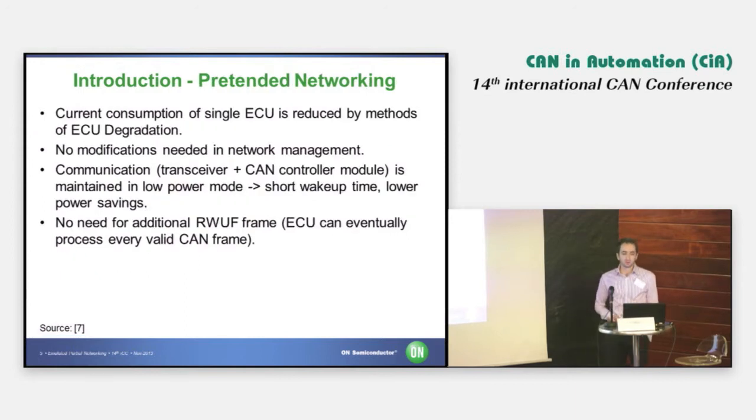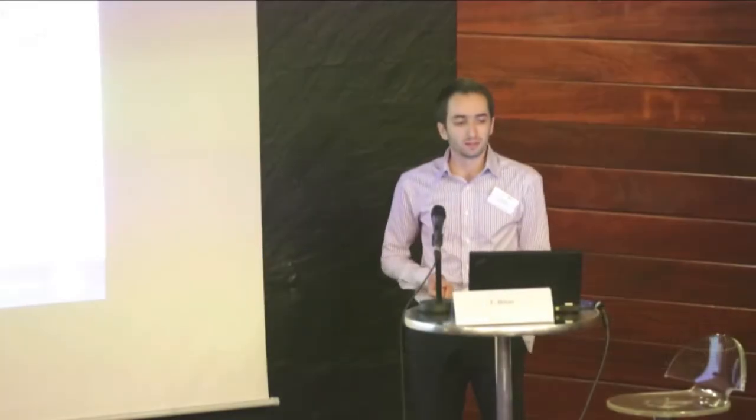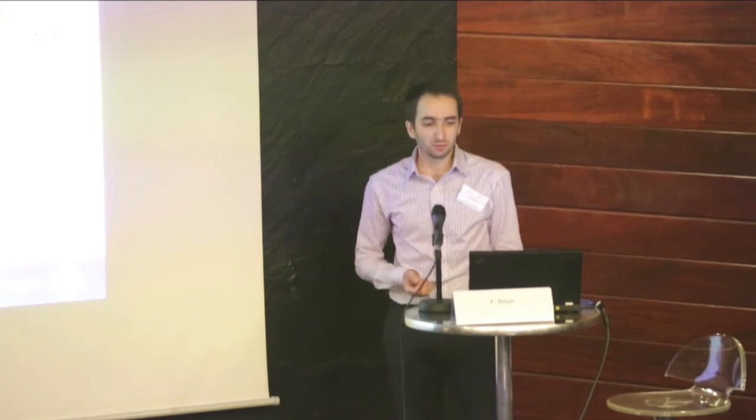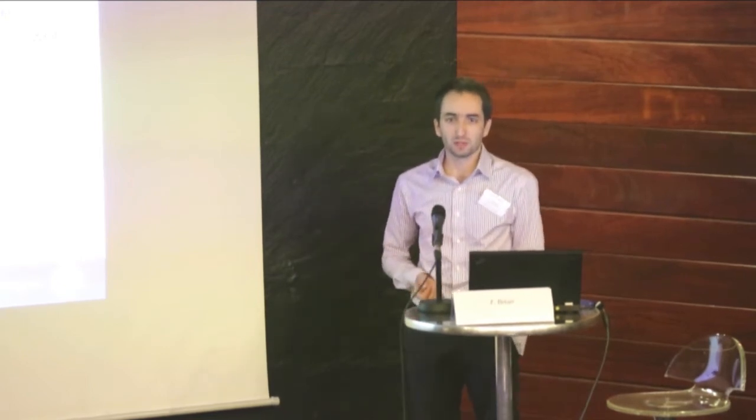Then pretended networking. Even if you don't have the special CAN transceiver, you are still able to decrease the current by methods of ECU degradation. This was described by the EEM group, or efficient energy management group, a special group within AUTOSAR. And the main advantage is that you really don't need any hardware modifications.